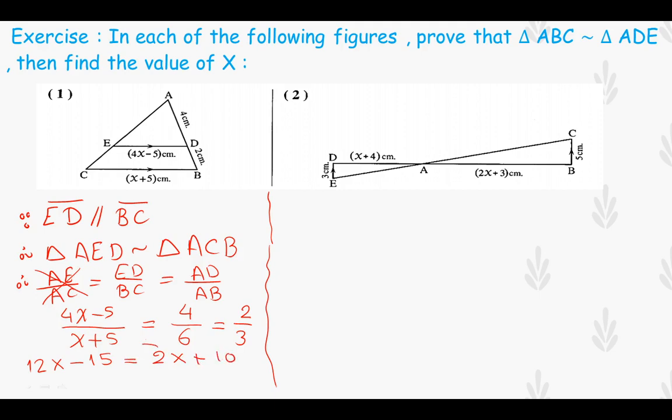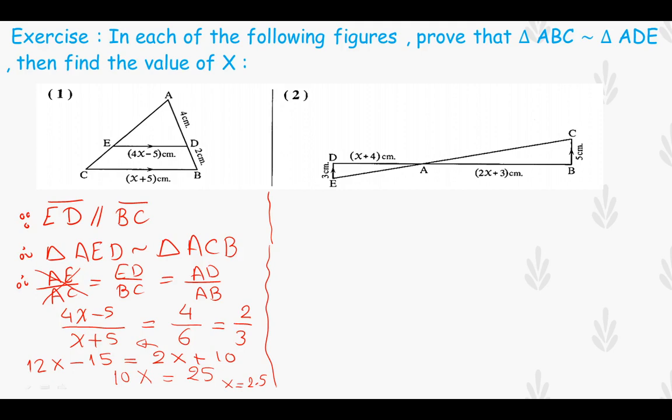Here 2x will go to the other side, so it will be 12x minus 2x, which equals 10x. Negative 15 will go to the other side, so it will be 15 plus 10, which equals 25, and from here x equals 2.5. Okay, let's go to example number 2.